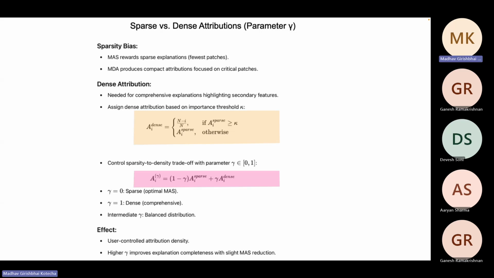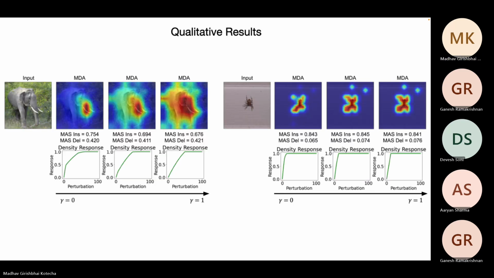So it is 1 minus gamma A first, and the important thing is this K. That is the threshold we have set: how much attribution score it should be allowed to add to the entire final attribution. As you can see, this is the input of a different image.